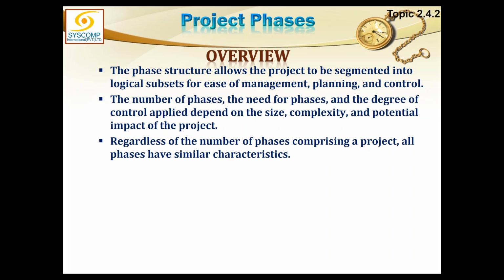So you can observe that every project might be different from the other project. So this all depends upon the size, complexity, and the impact that the project is going to create, that we decide exactly the number of phases, the need for phases, and the degree of control you want to exercise. If you want to exercise more control, what will you do?